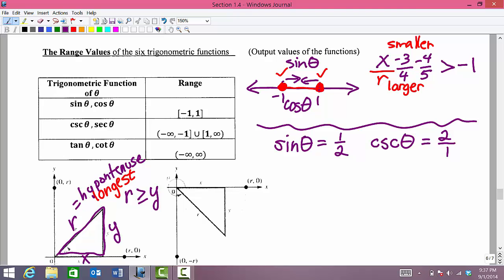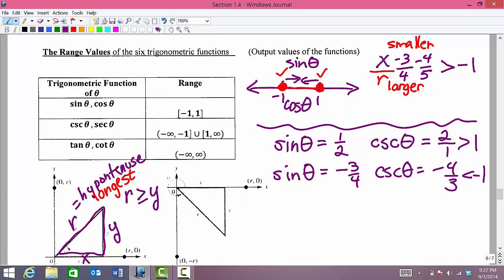When I flip a fraction that's smaller than 1, we get a fraction that is larger than 1. If sine is equal to, let's say, a -3/4, -3/4 would be in between -1 and 1. Then cosecant, when I flip that fraction, would be a -4/3. Both of these, this is larger than 1, and this value here is less than -1.